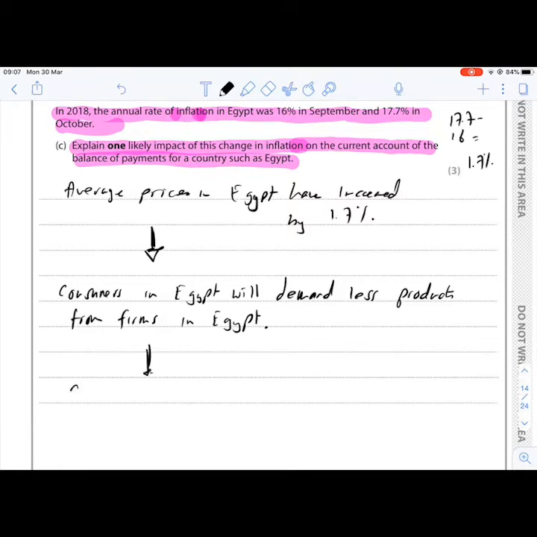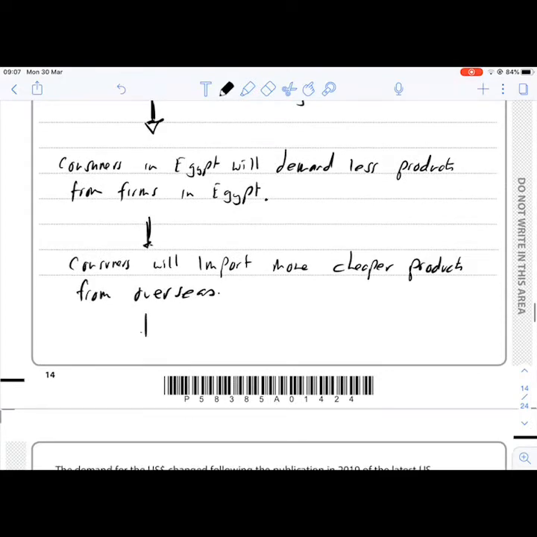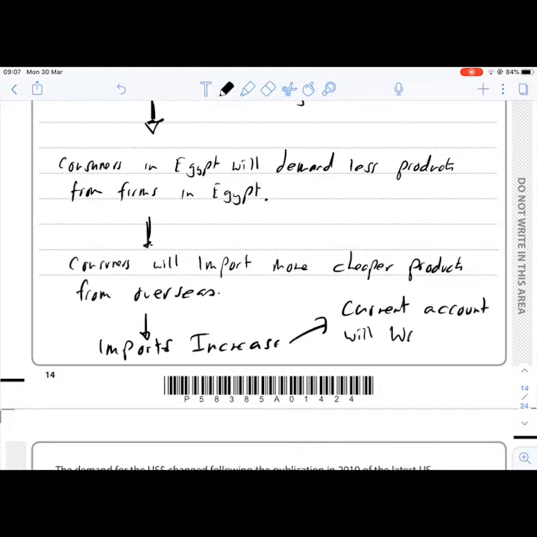And as a result, consumers will import more cheaper products from overseas. And as a result, imports increase. And if imports increase, the current account will worsen.